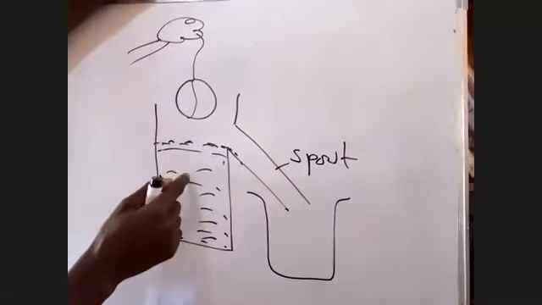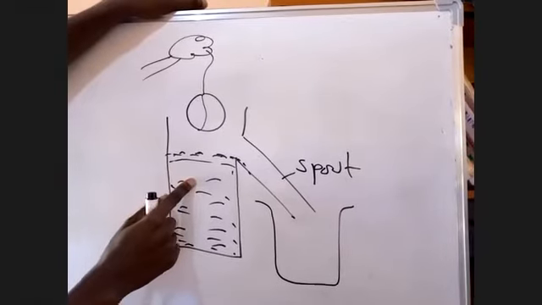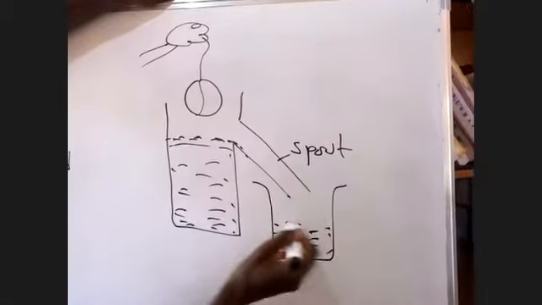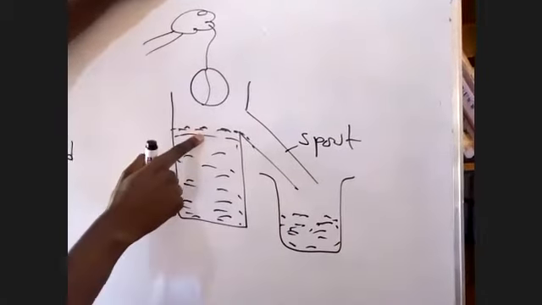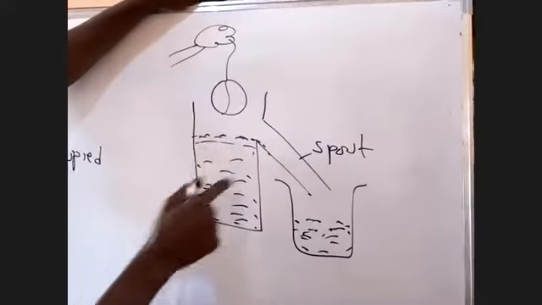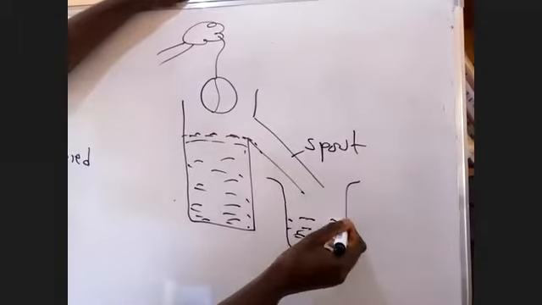Once you lower this irregular shape in water, it is going to displace a certain amount of water so that it occupies a given space, from the definition of volume. So this stone will occupy a given space, and that space will be equivalent to the amount of water which is displaced.